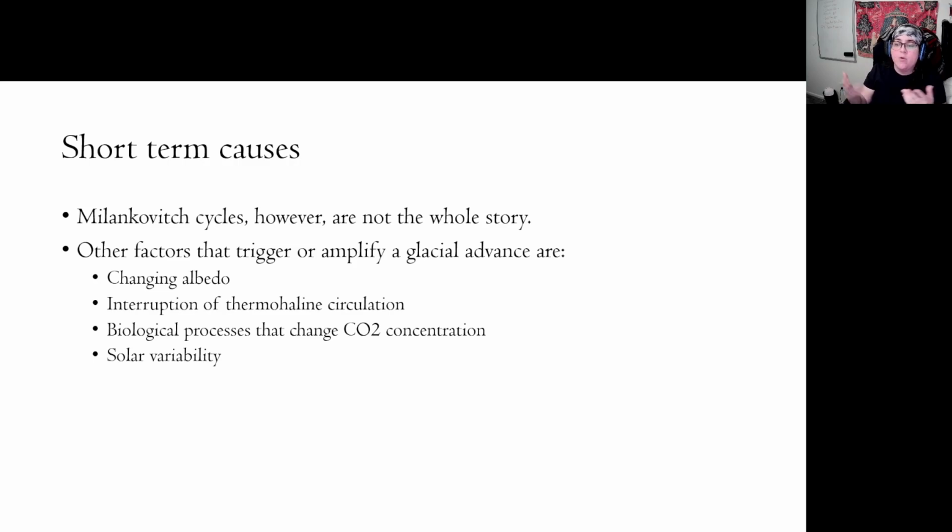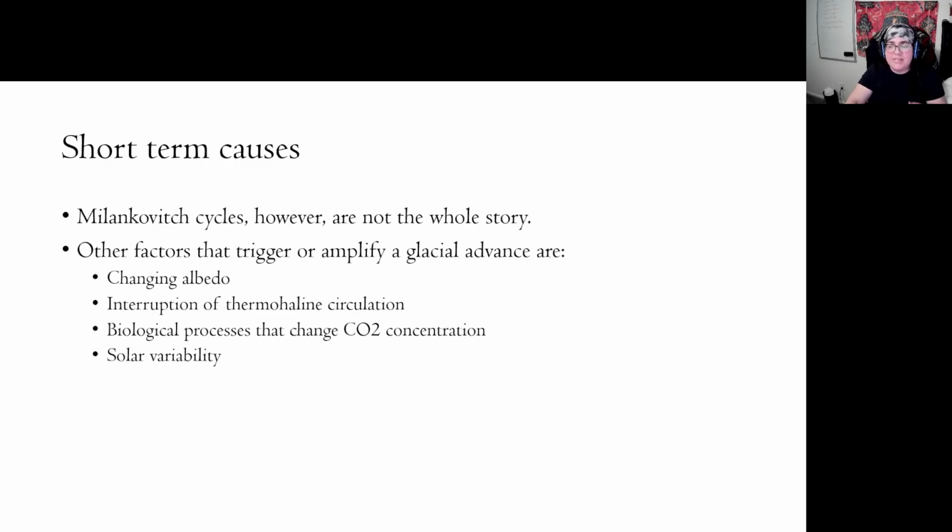If an organism absorbs CO2 or puts out CO2, that affects glacial advance. And then finally, solar variability. This has nothing to do with the Earth itself, but the sun has different cycles of how much radiation it outputs, and that could also affect glacial advance.